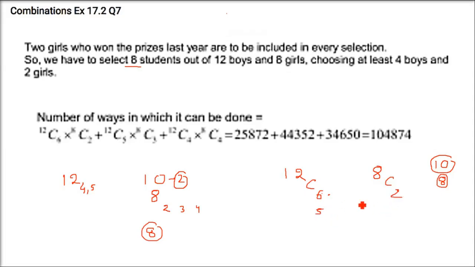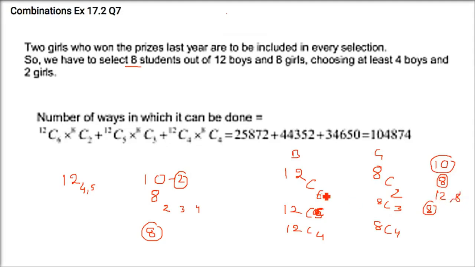Now at least 4 girls are to be there. So now 12C5, now 5 boys are there. If 5 boys are there, you have 3 girls from 8. If you have 4 boys, then this is 8C4. And this you have to multiply and then you have to add.